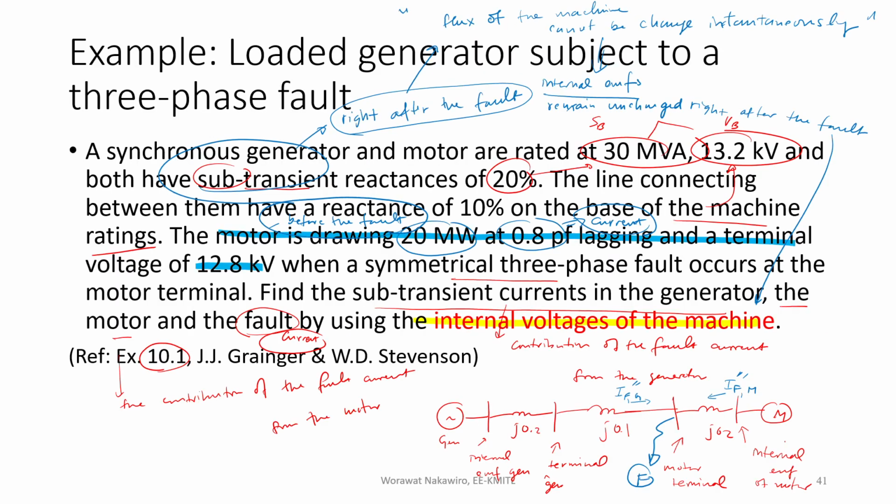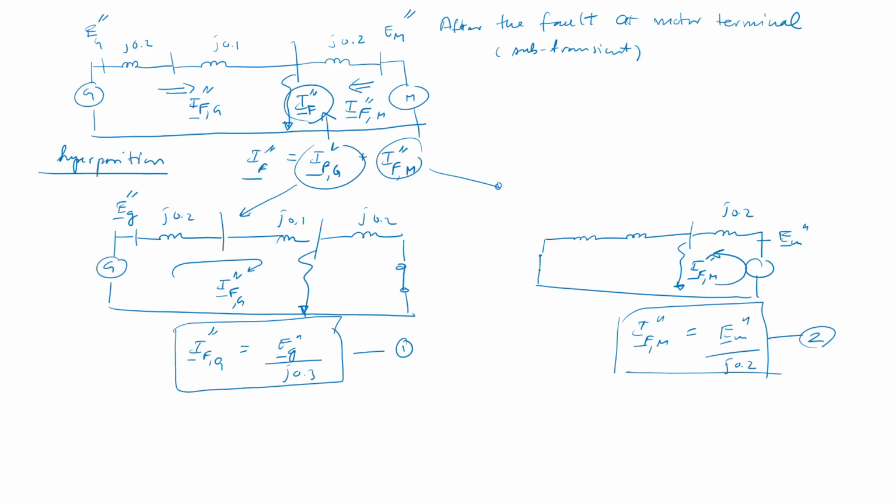You rely on this statement: the internal EMF remains unchanged right after the fault, during the subtransient period. Given this fact, that EG cannot be changed instantaneously after the fault, your EG double prime, the internal EMF during the subtransient period, is the same as the internal EMF before the fault, okay?